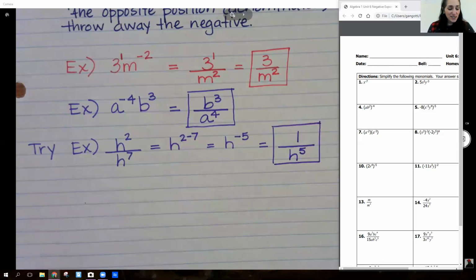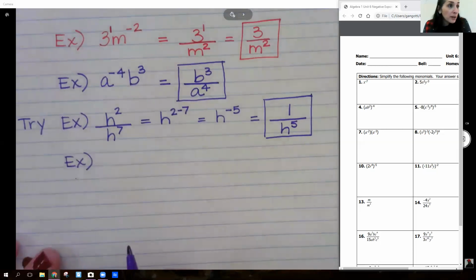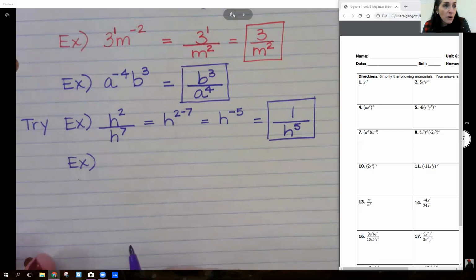Okay, so now you're ready to move on to something more interesting. All right, so let's do, how about something like this? And we're going to work our way up to the ones like the homework. So I see I got to pick a few here that are like the homework. Looks like we need to do some power raised to a power because the homework is looking like it's favoring that.